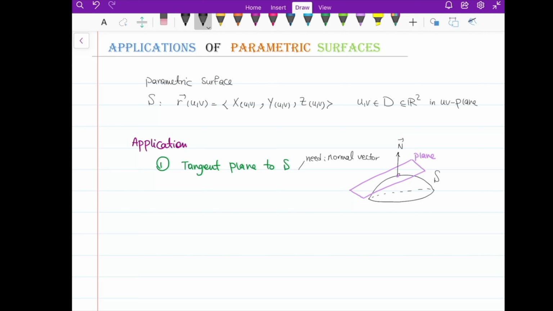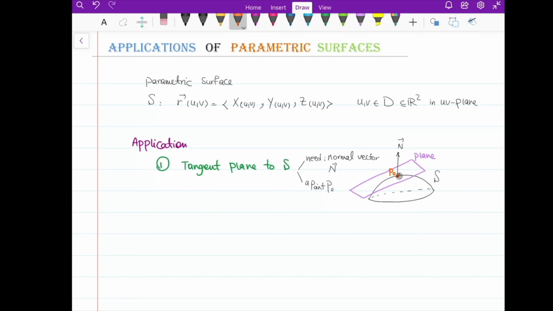So we need a normal vector n to write the equation of a plane, and we need a point P0 in the plane. So we are given the point P0, and then I'm looking for the vector n to be able to write the equation of this plane. So how can I find this?